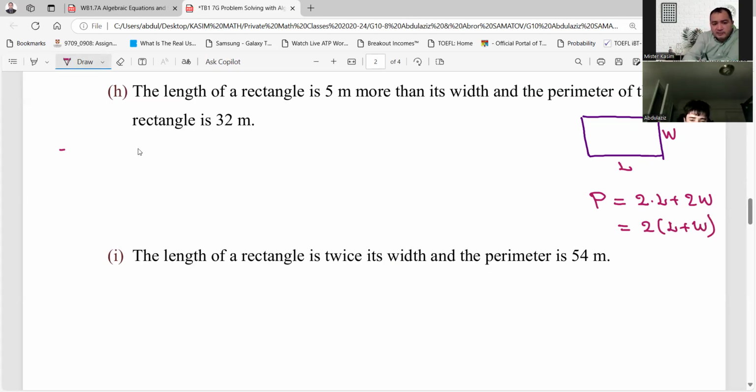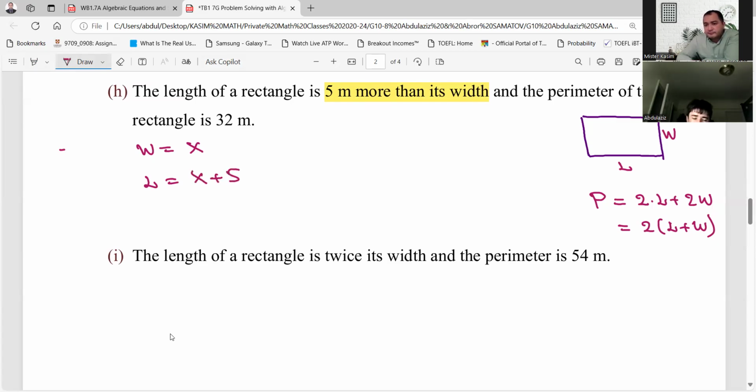And in our case, suppose that W is equal to x. Then what is the length? 5 meters more than its width. x plus 5.